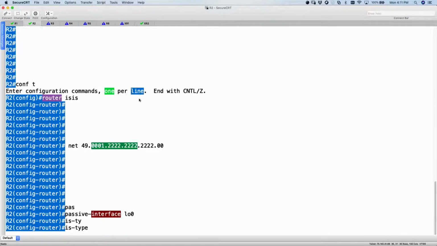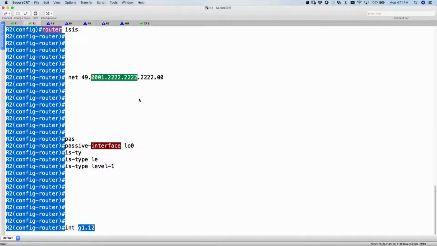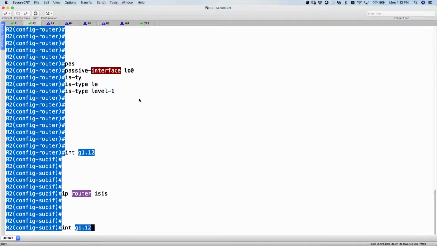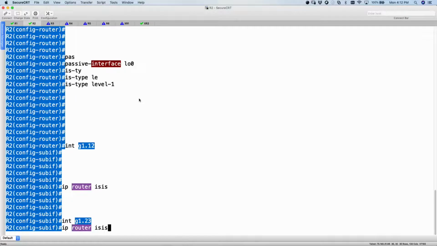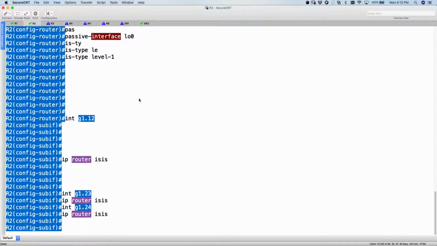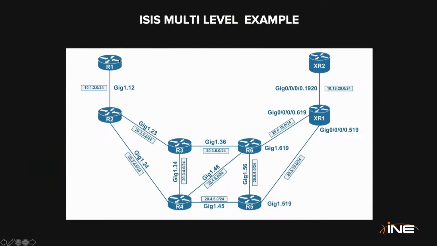IS type would again be level 1 only. Interface gig 1.12, let's activate ISIS, and also on the interface 23 towards R3 and towards R4 I would have ISIS implemented. So basically, as per this diagram, router 1 has been configured as a pure L1, router 2 has been configured as a pure L1.